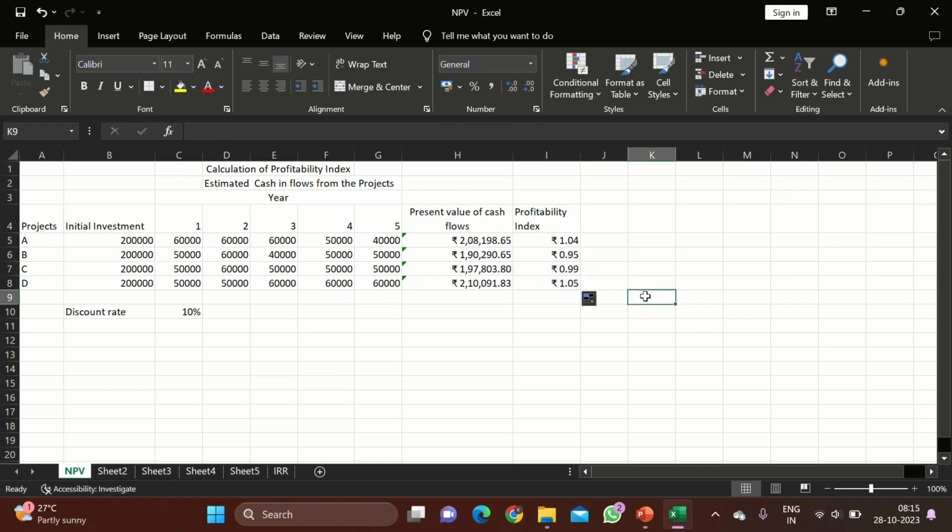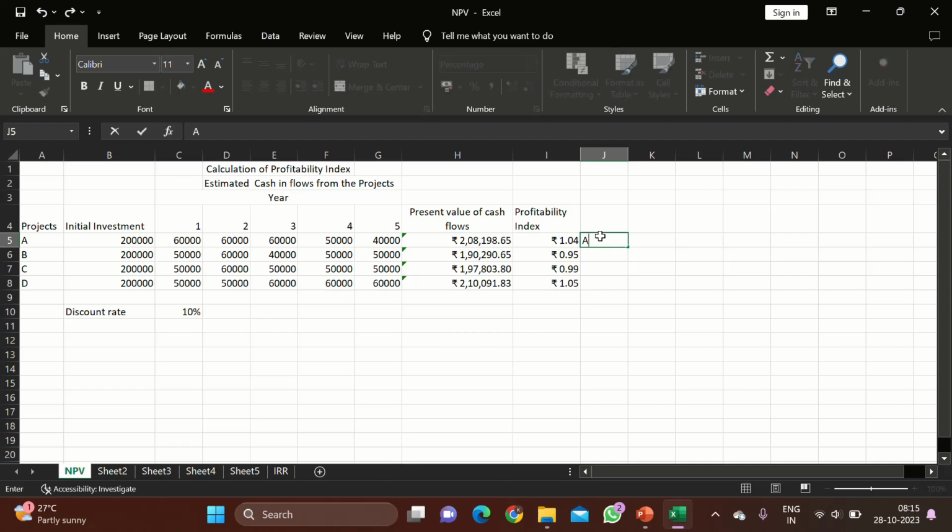From this we can identify that project D has more profitability index, so we can accept project D. Here we can accept project A and accept project D, and we can reject project B and project C because it is less than 1.